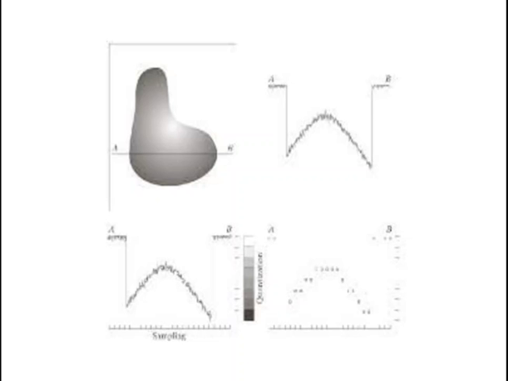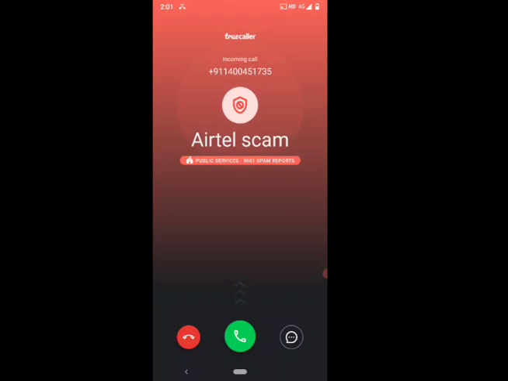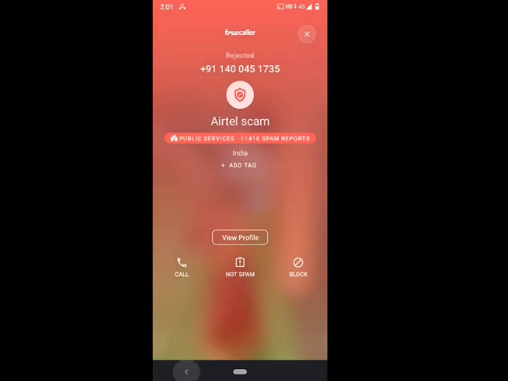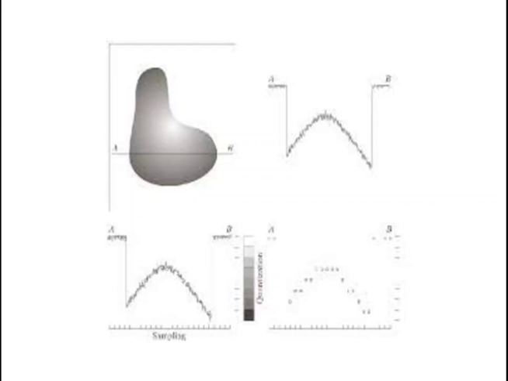Sampling in the manner just described assumes that we have a continuous image in both the coordinate directions as well as amplitude. The method of sampling is determined by the sensor arrangement used to generate the image. When the image is generated by a single sensing element combined with mechanical motion as shown in the figure, the output of the sensor is quantized in the manner described above.